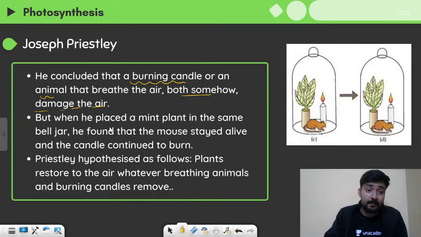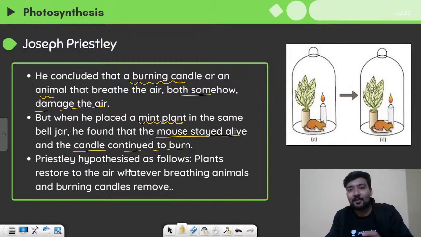And when he placed a plant, which was the mint plant he used for his experiment, along with the candle and the mouse, he found that the mouse stayed alive and the candle continued to burn. So the plant was basically doing something which was keeping the candle burning and the mouse alive.